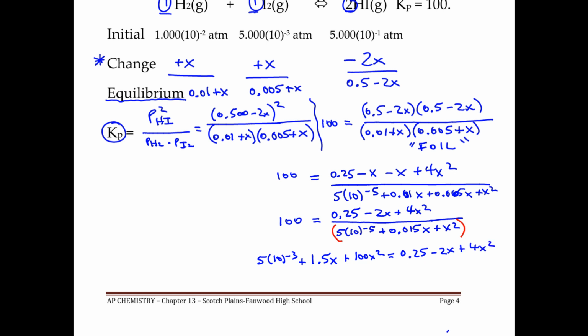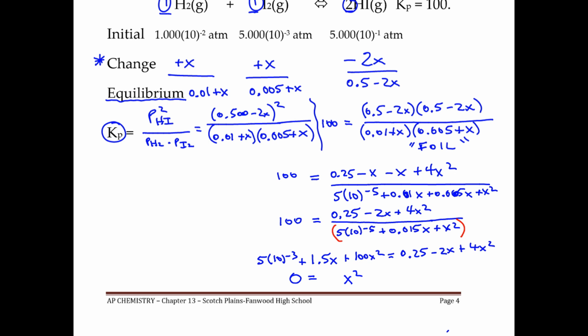Okay, so now what we have to do to use our quadratic equation, we're going to set this equal to 0. So to set it equal to 0, you're going to combine like terms. So I'm going to subtract this number from the 0.25. I'm going to subtract the 1.5x from the -2x. I'm going to subtract the 100x squared from the 4x squared. So when it's all done, I'm going to write it in the right order for quadratic. So I'm going to do the x squared first.